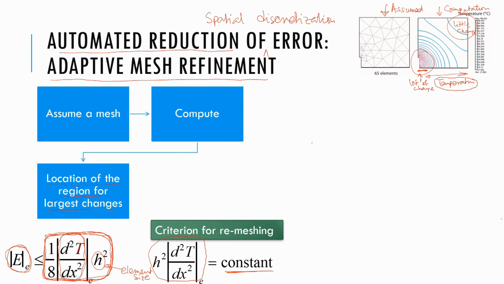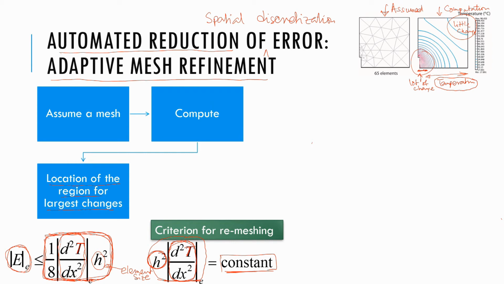Because I know all the values of temperature, I can calculate d squared T dx squared, and I want to keep the product constant. So in areas where d squared T dx squared is higher, I'm going to make h smaller.